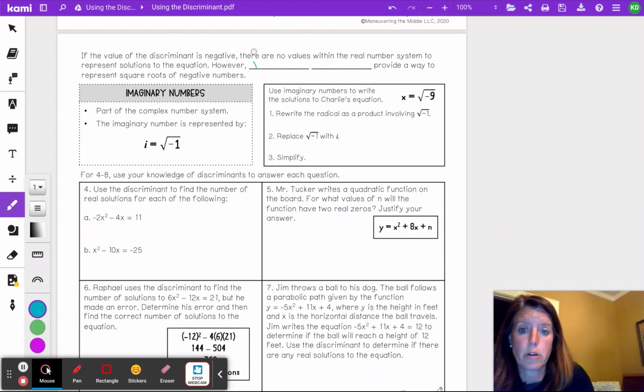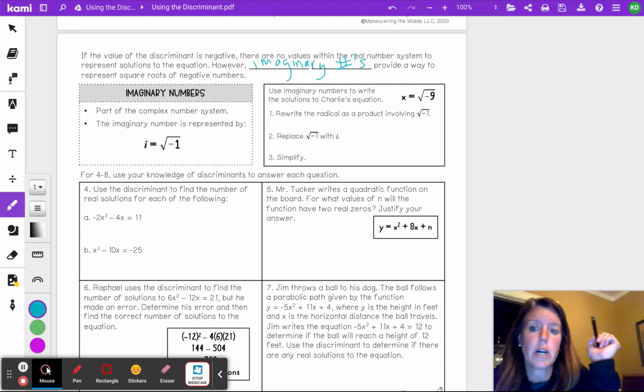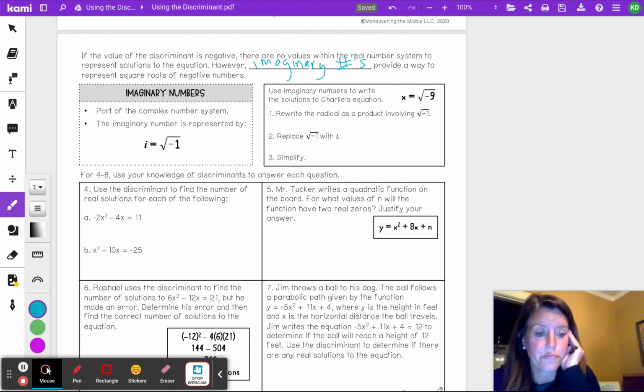However, imaginary numbers provide a way to represent square roots of negative numbers.